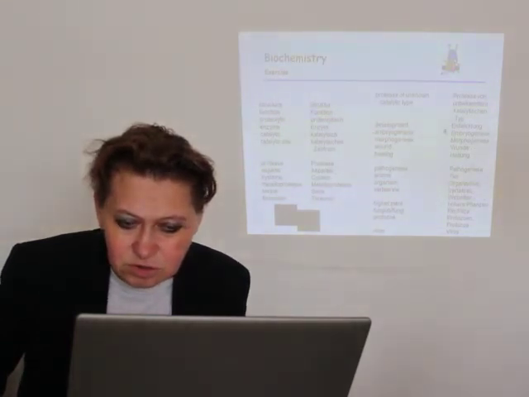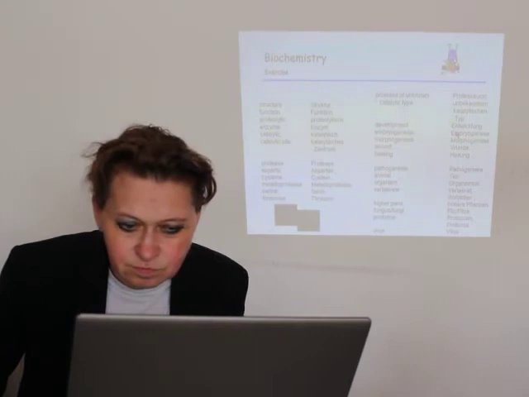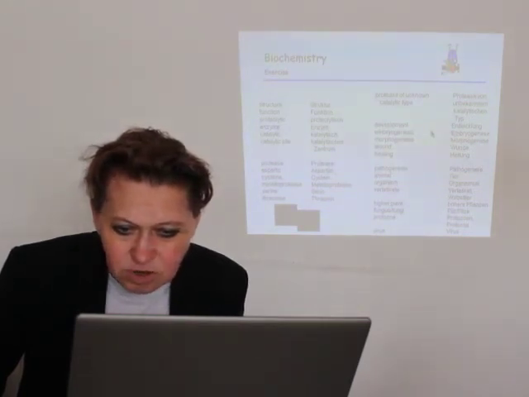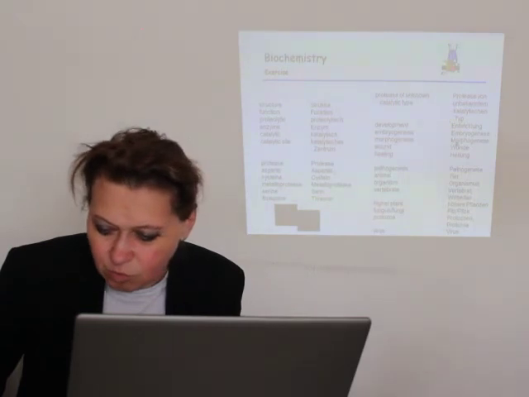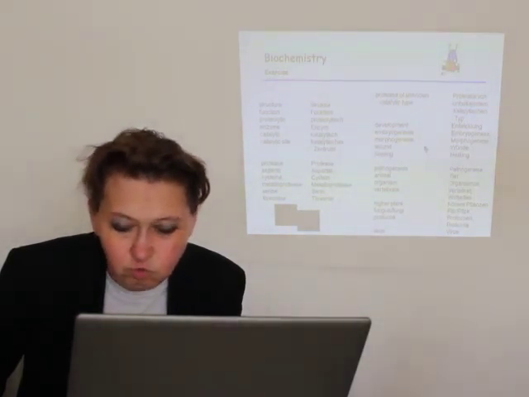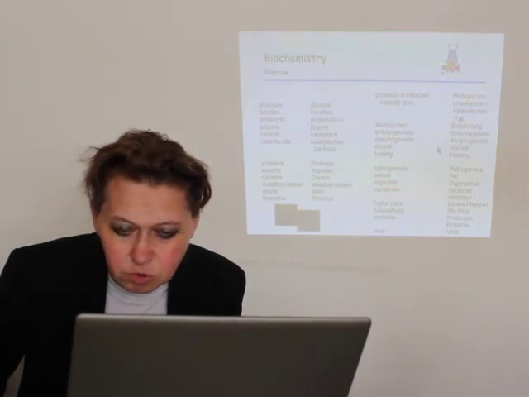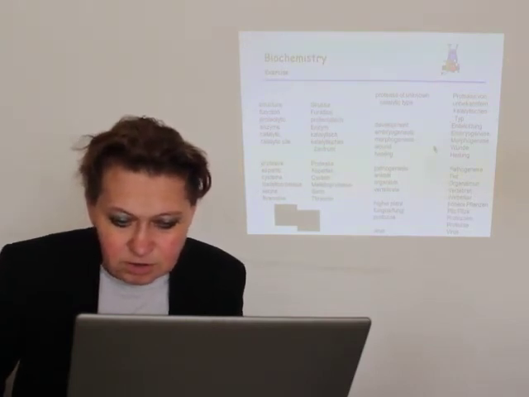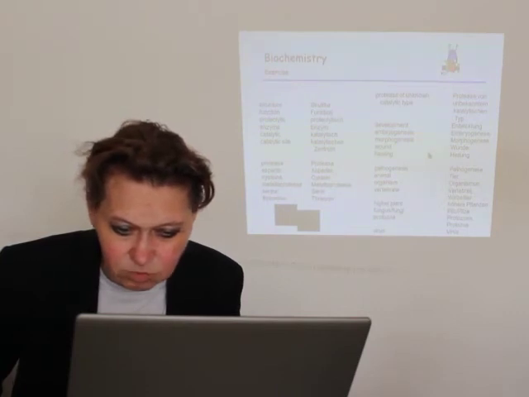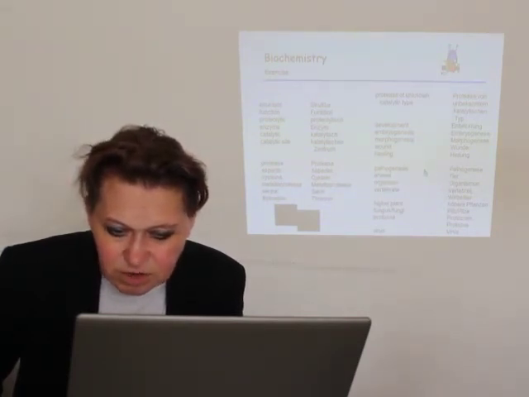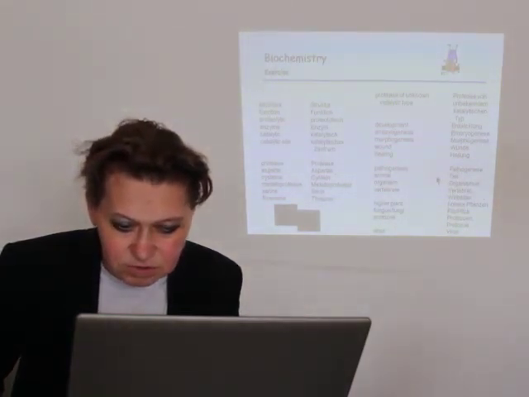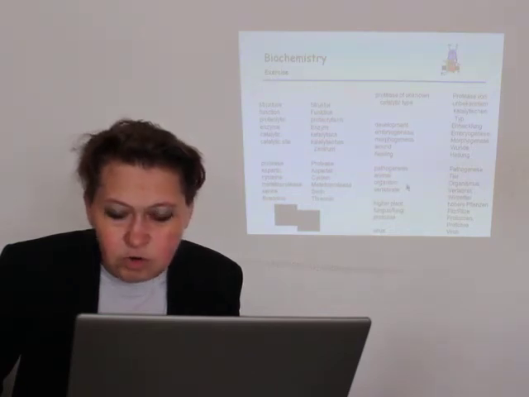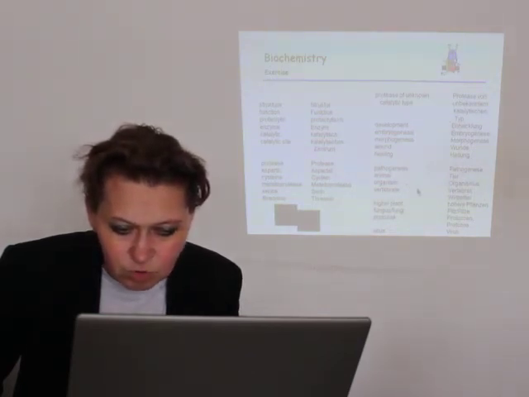Development, in German Entwicklung. Embryogenesis, Embryogenese. We are familiar with the next one, morphogenesis, Morphogenese. Wound is in German die Wunde, and healing, die Heilung. Pathogenesis, Pathogenese. Animal, das Tier. Organism, Organismus.